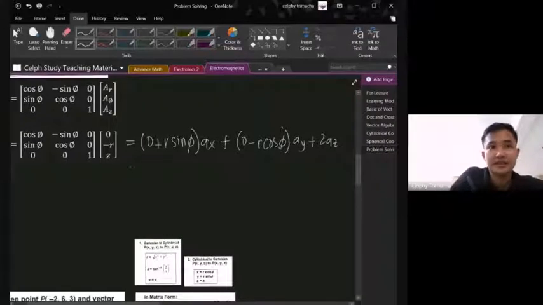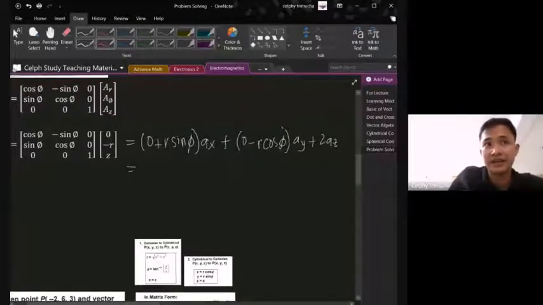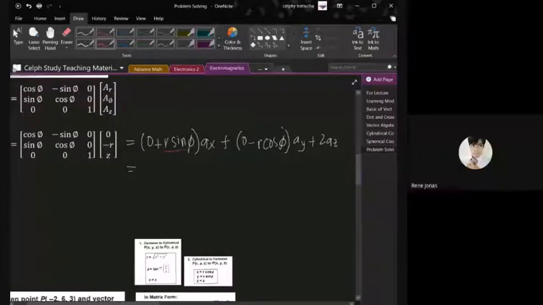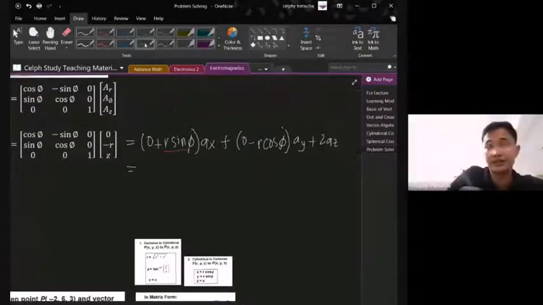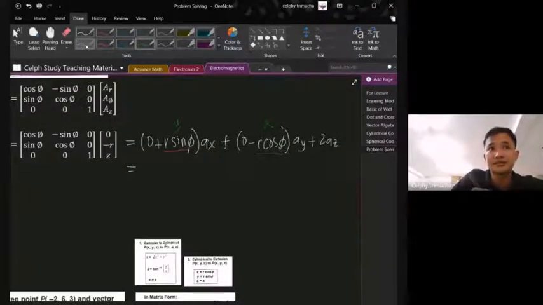Okay, so let us simplify sa aton nga equation. Okay, so may equivalent ang r sine. Take note lang that r sine is equivalent to y. r cosine sa aton nga angle is equivalent to x. So, substitute lang.